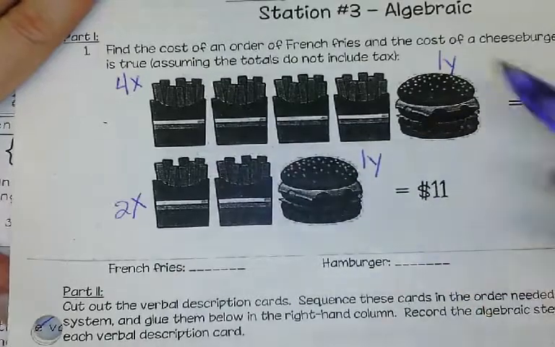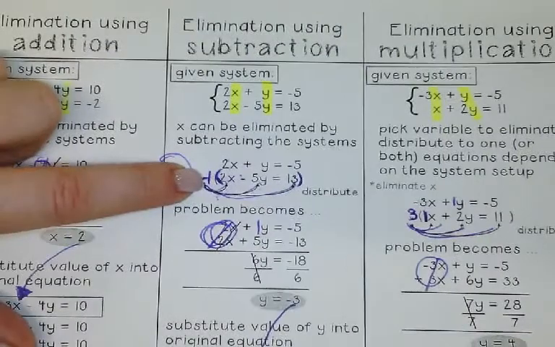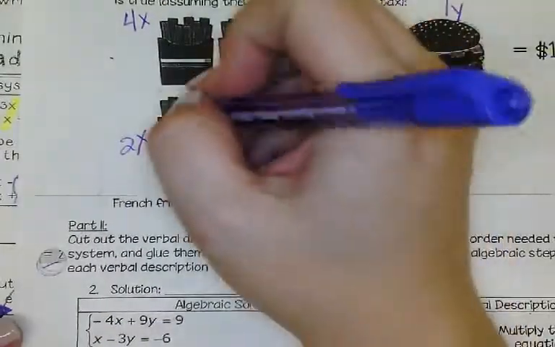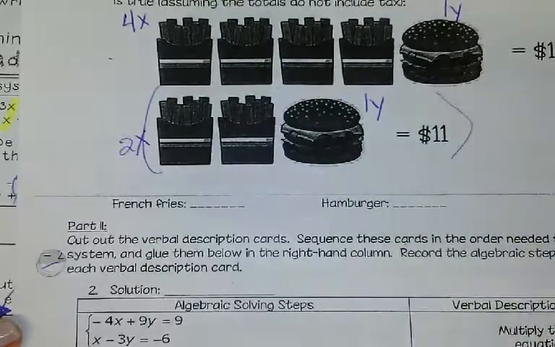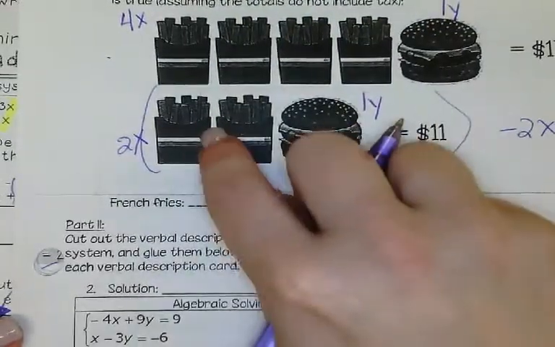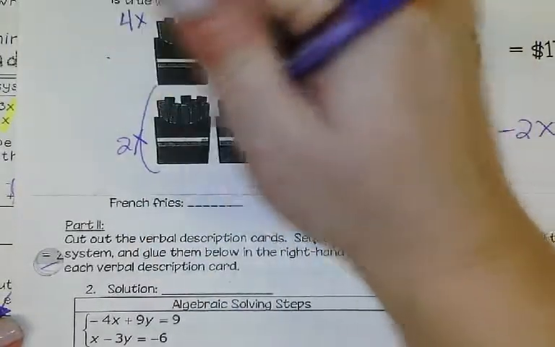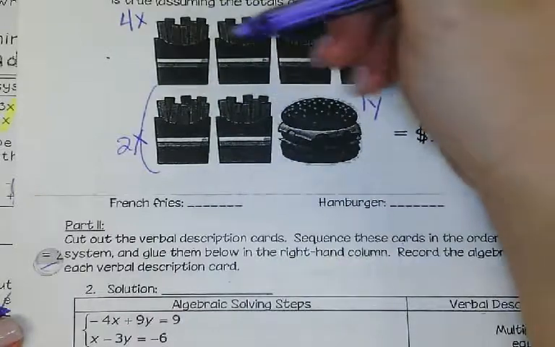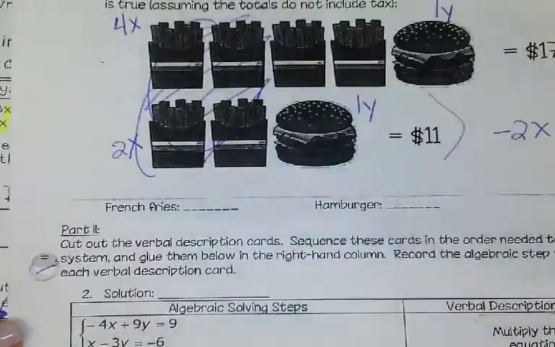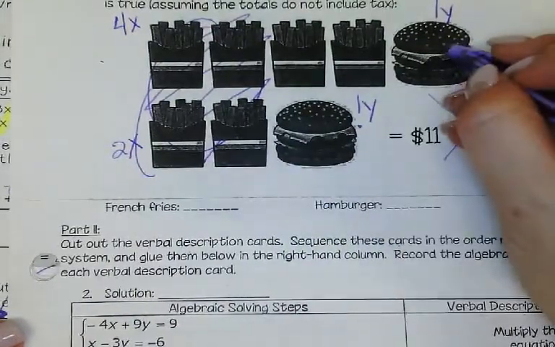So the way I was able to eliminate one of those was by multiplying everything by -1. So I'm going to change this to be -2x, or negative French fries, by taking them away. Well, if I take 2 French fries away here, then I got to take 2 French fries away here. And then if I take another hamburger away, I got to take another hamburger away here.